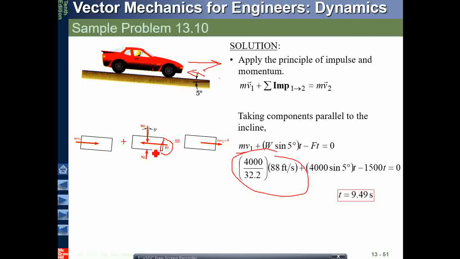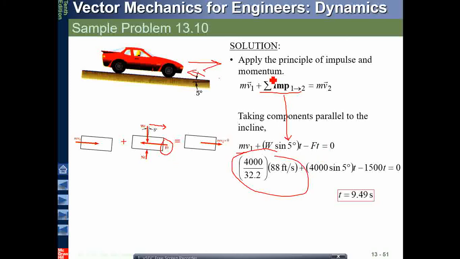W sine 5 degrees is the component moving in this direction. This will not be a huge component, it will be a significantly small component, W sine 5 degrees times t, because this was the impulse equation and we are writing it in this form, minus Ft. This is the braking force, so minus Ft.